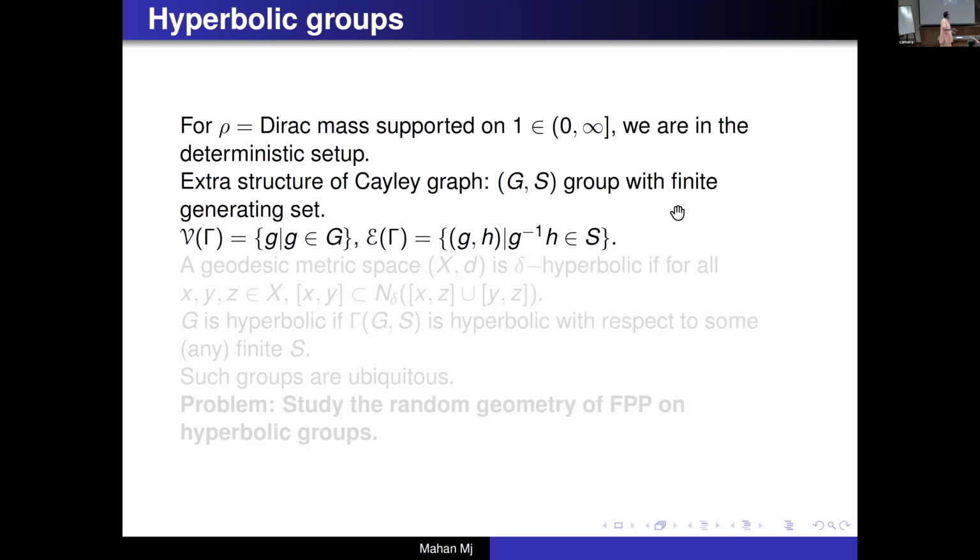So basically, it's a symmetric generating set. With that generating set, the graph that you recover is basically your grid in R2. The vertex set consists of the elements of the group, and edges consist of pairs which differ by a generator.